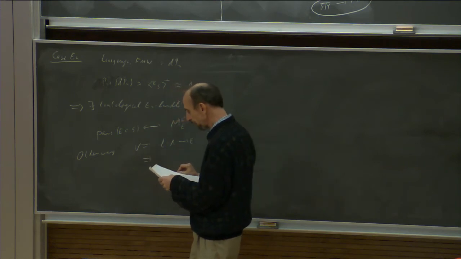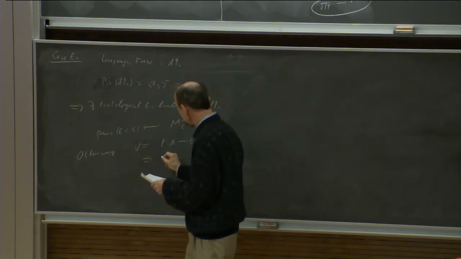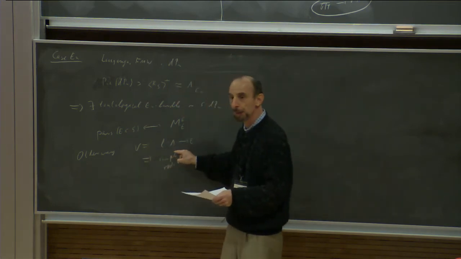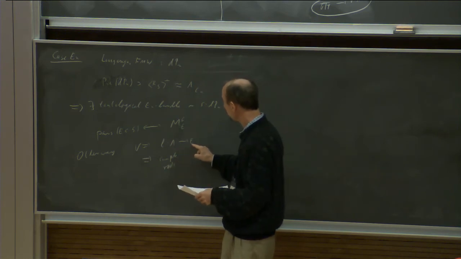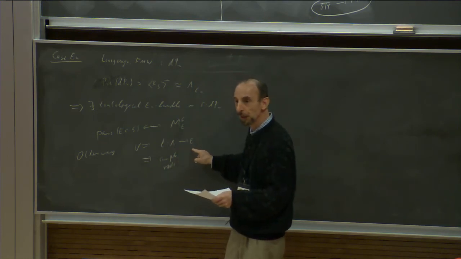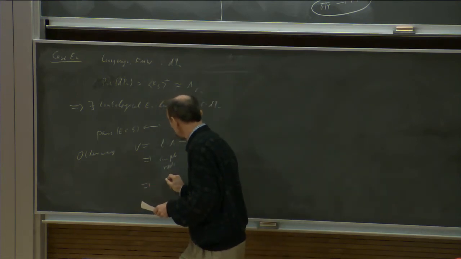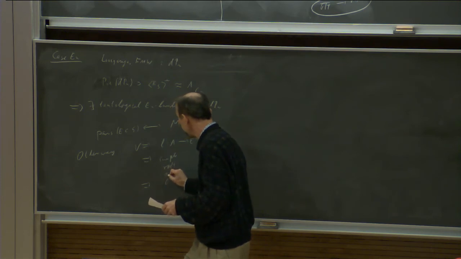And that gives me the images of the simple roots. The nodes in the Dynkin diagram give me a basis of lambda. Their images give me certain points in E. So now I have E together with a few marked points in it. So these roots are points in E.